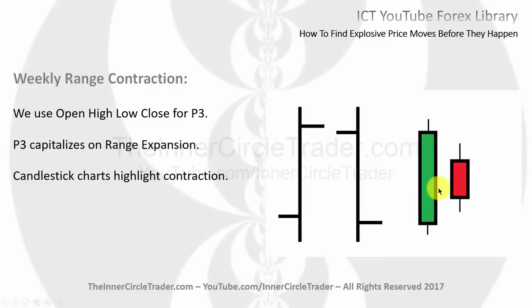If this was the body of, say, a Tuesday, and then say Wednesday, we had this type of body, a smaller bodied candle, which means that we could see a large range day on Thursday or Friday. It's more or less a precursor, if you will, because smaller bodies precede larger bodies.